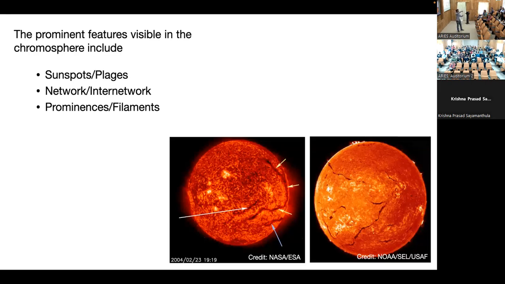Whereas when you're seeing off the limb, you don't have that photospheric background, so all you see is the emission coming from the dense material suspended above the limb. That's why you see them as bright, whereas on the disk you see them as dark. But they were initially named when we didn't know the physics of these structures. These dark structures were named filaments, and these bright structures were named prominences.